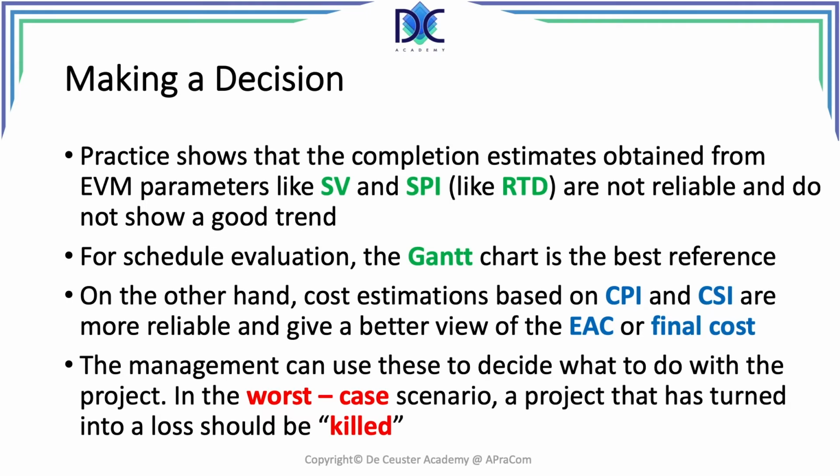And in the worst case, they may decide to stop the project or kill the project. In that case, the project ends and all the invested money is lost, but not necessarily, because some elements that have been completed in the project may be of interest later, but not, unfortunately, in this project.